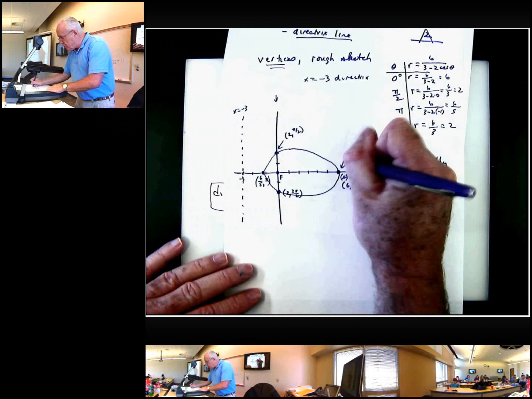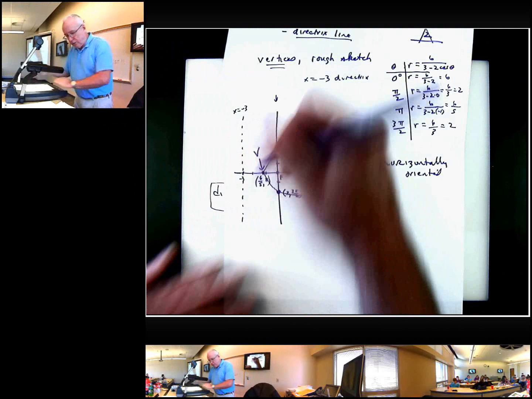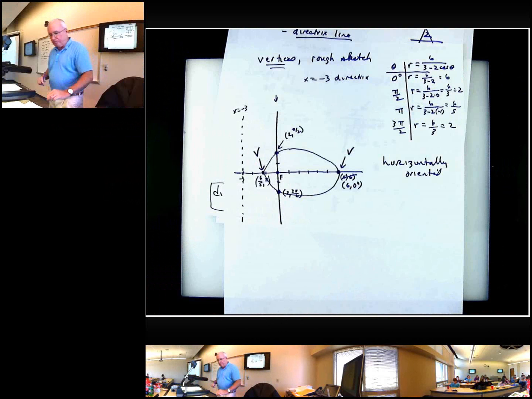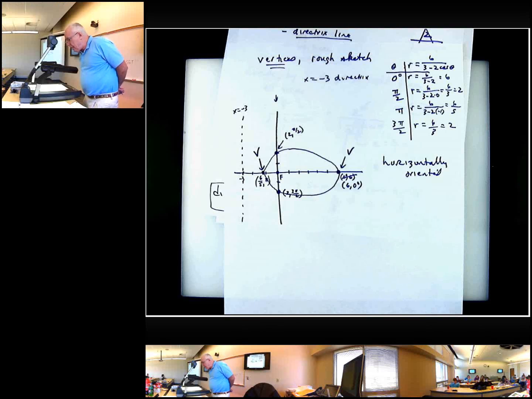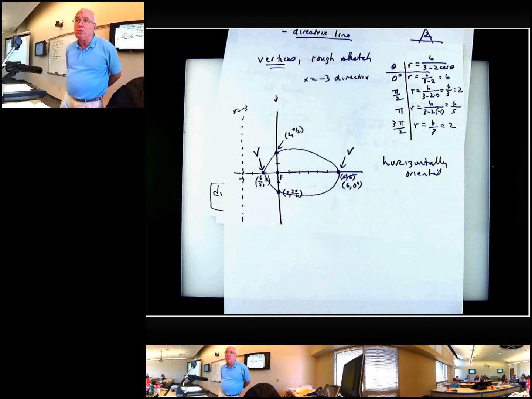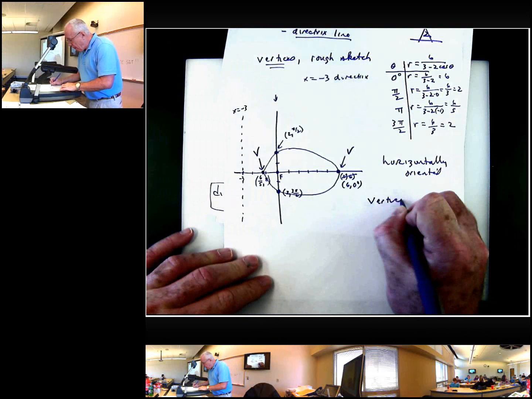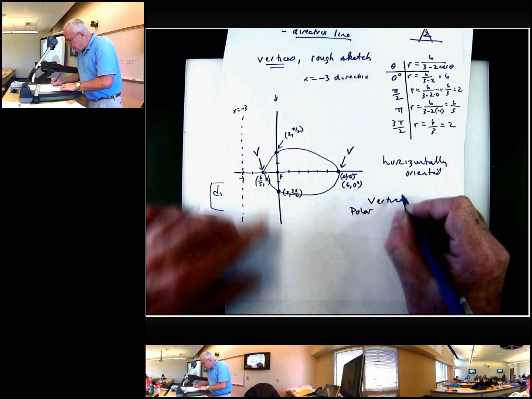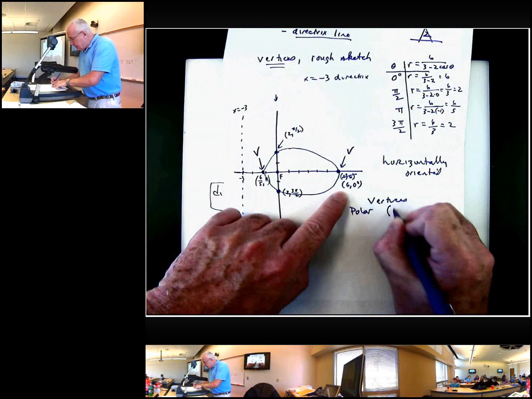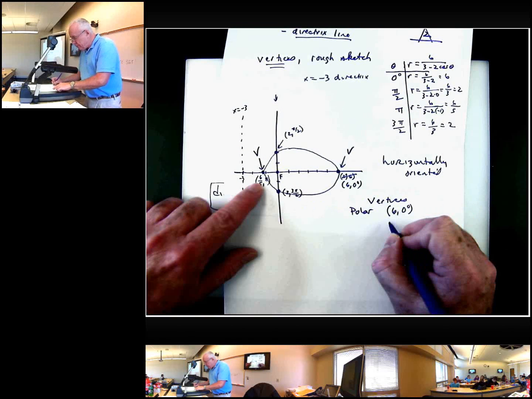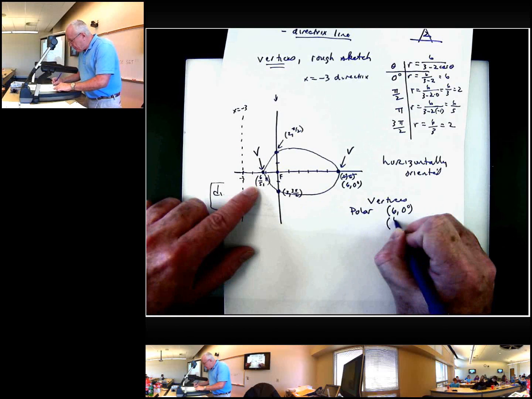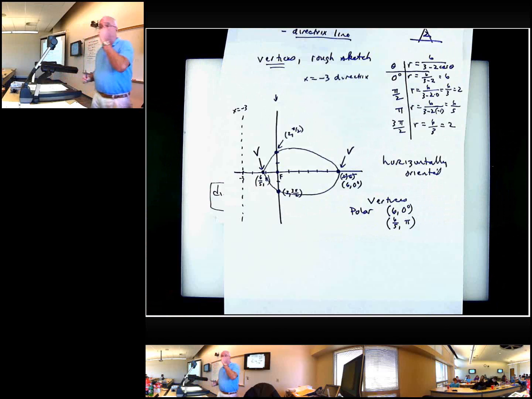This is a vertex, and that is a vertex right there. So we can give the vertices either in polar coordinates or, if we were asked to, in Cartesian coordinates. So the two vertices in polar coordinates would be (6, 0 degrees) and (6/5, pi).